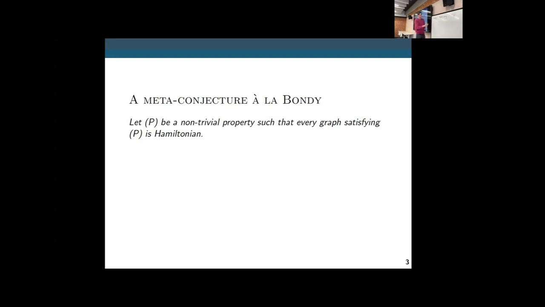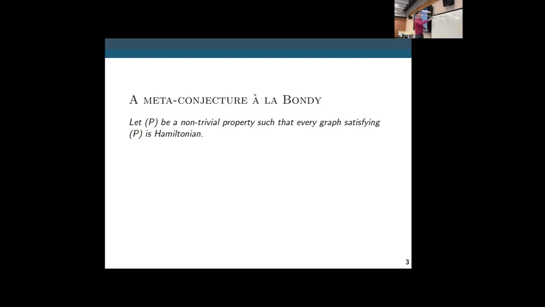You have some non-trivial property P, and it implies the existence of a Hamiltonian cycle, G Hamiltonian. Again, that means you have a Hamiltonian cycle.